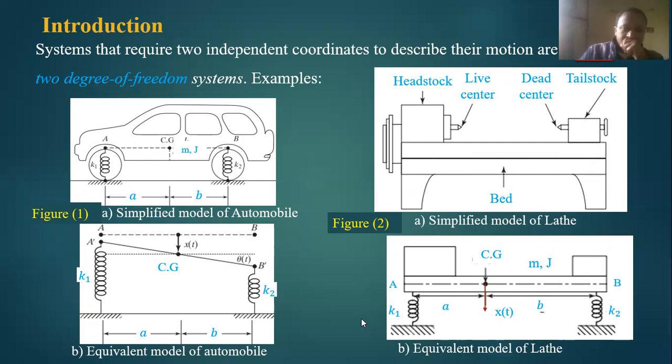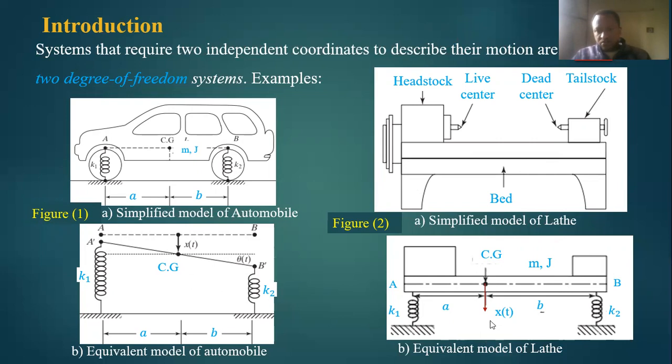So the column stiffness in this direction is represented as K1, and the backside towards the tailstock is K2. And the center of mass, or the center of gravity, is taken at this point. Then it will vibrate about this point, like we have seen here.